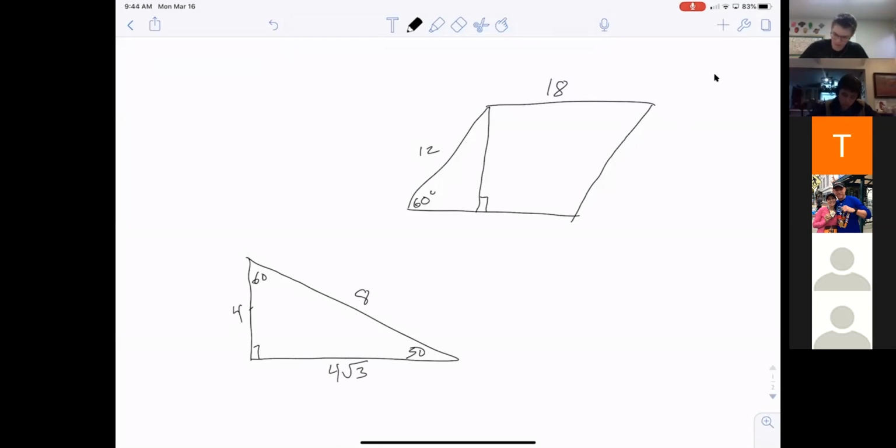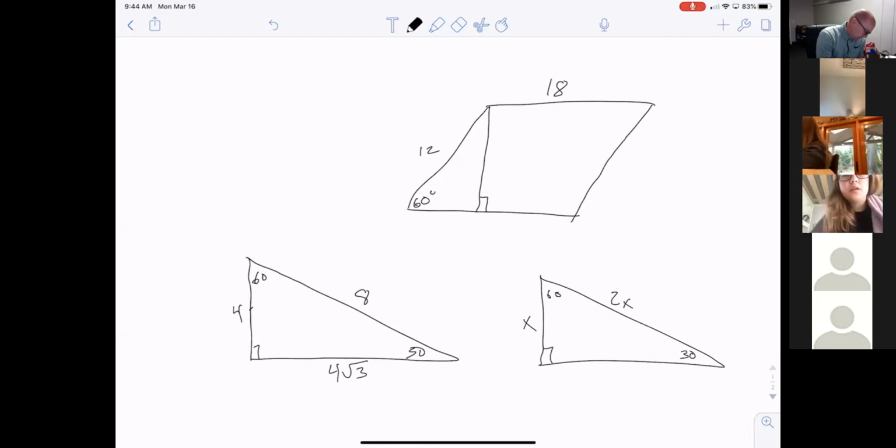So the general one would be like this. Here's my 30, here's my 60, the 90. If the side opposite the 30-degree angle is X, the hypotenuse is 2X, and the side opposite the 60-degree angle would be X root 3.